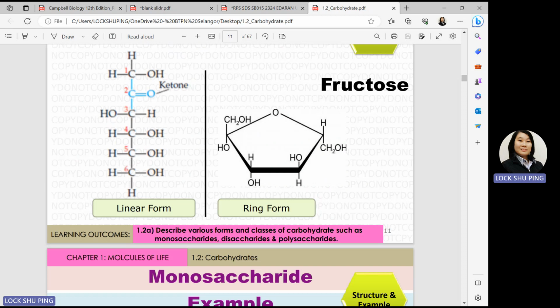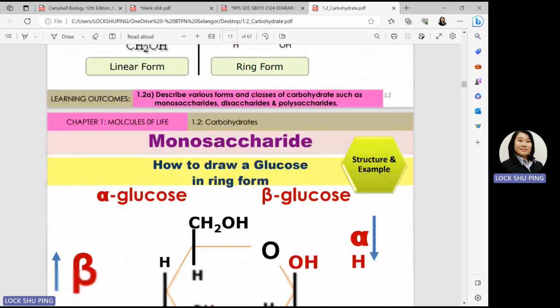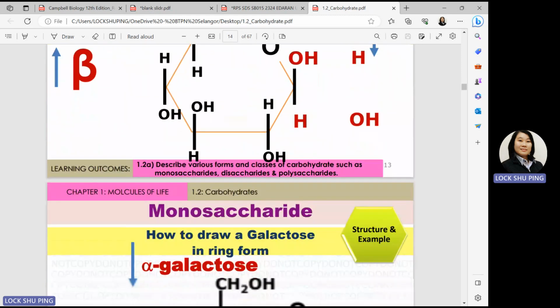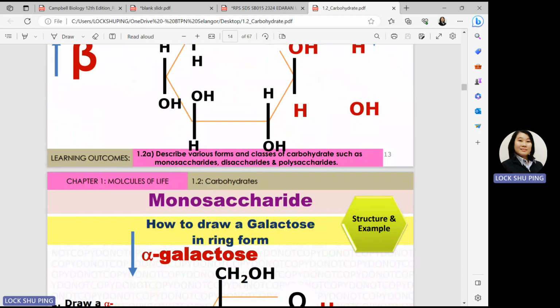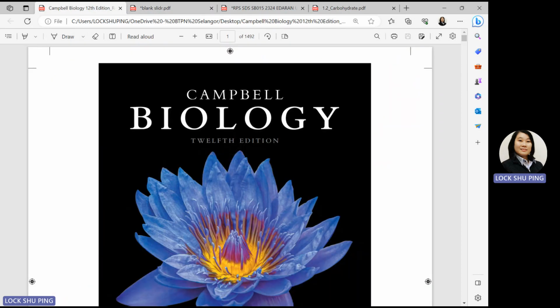Okay, definitely that is a fructose. But don't mix it up with the 5-carbon sugar, because a 5-carbon sugar can also look very similar to a fructose. But that one you can go through by yourself in Campbell's Biology.